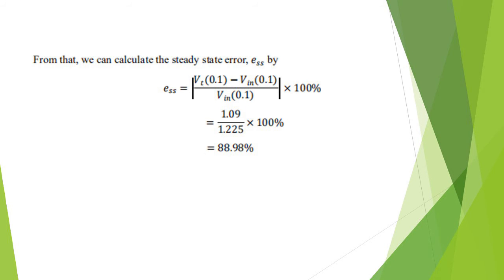From that, we calculate the steady state error by using the formula, but unfortunately, we found the steady state error is 88.98%. It already exceeds the specification, which is 20%.